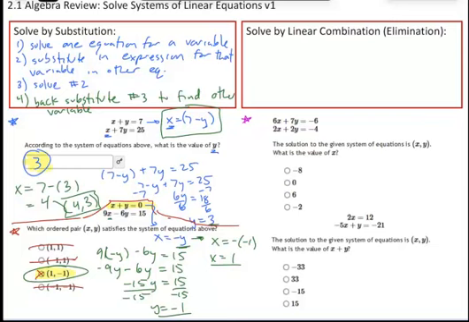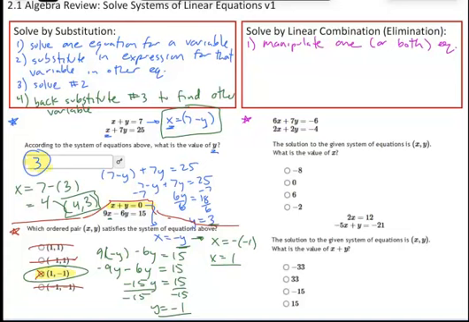So the other way is called linear combination, or the method of elimination. And the way that you would solve this is you're going to manipulate one or both of your equations. Often it can just be one. In order to cancel variables using some kind of a direct combination of terms. Okay?